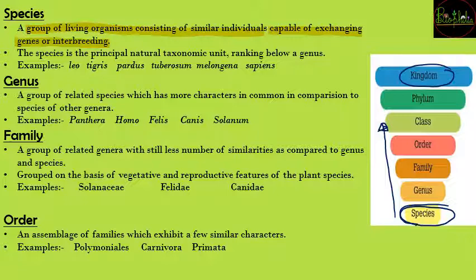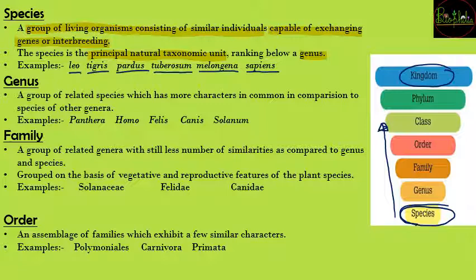Species is the principal and natural taxonomic unit ranked below the genus level. Now species के क्या examples हो सकते हैं? They can be leo, tigris, pardus, tuberosum, melongena and sapiens.